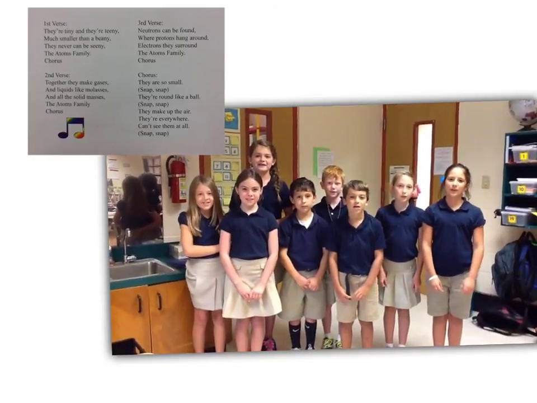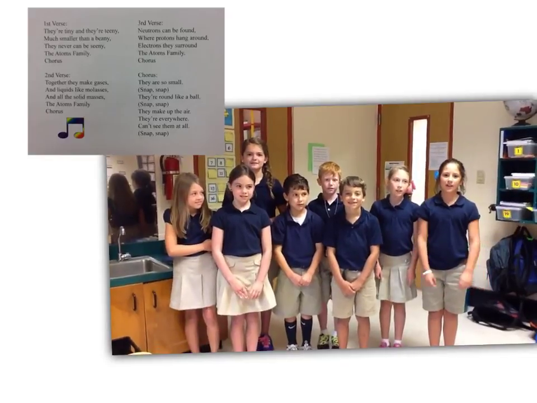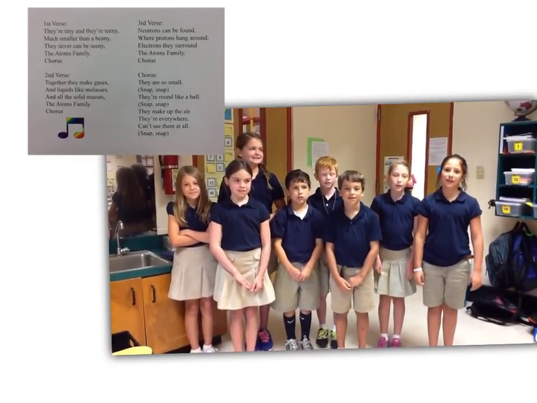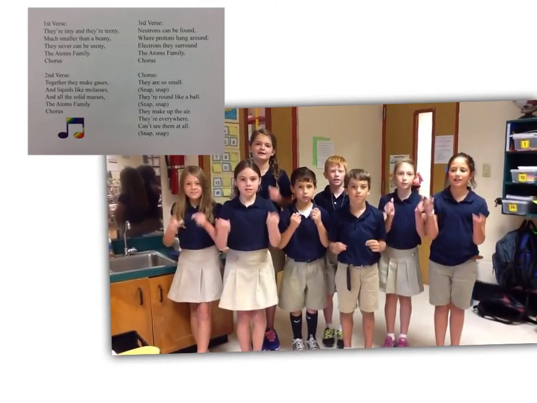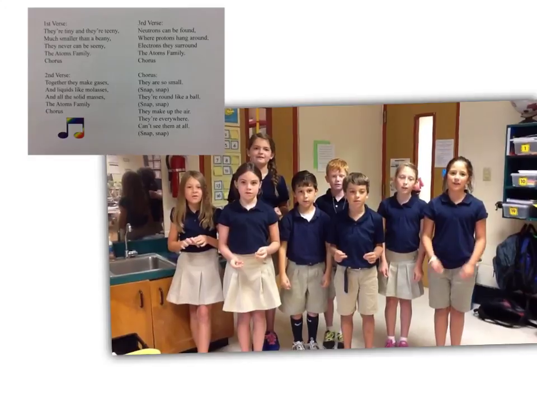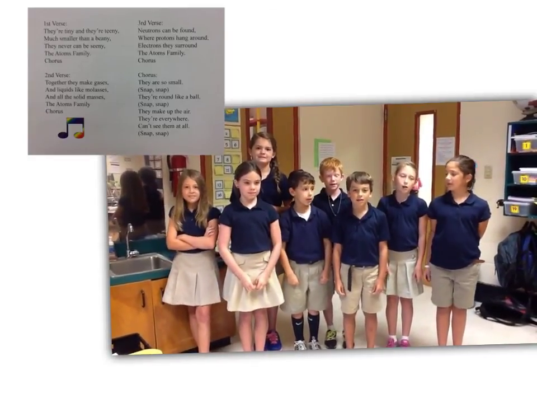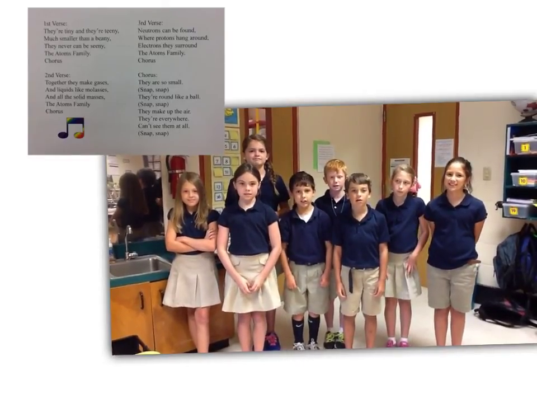The Addams family, the teeny and the tiny, much smaller than a beanie, they never can be seen. The Addams family, they're so small, they're round like a ball, they make up the air, they're everywhere, you see them at all. Together they make gases and liquids like molasses and all the solid masses.